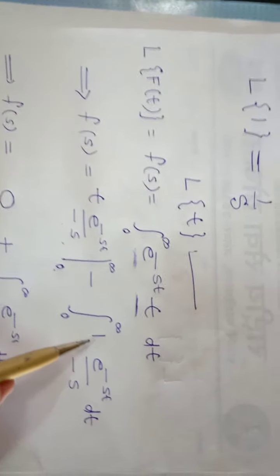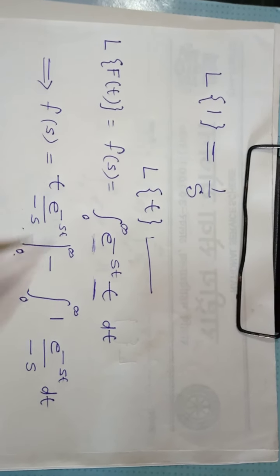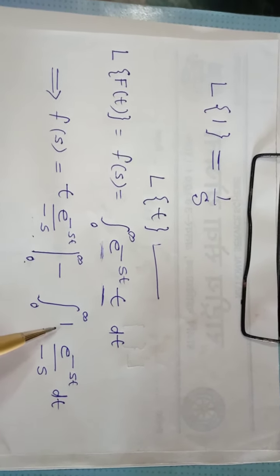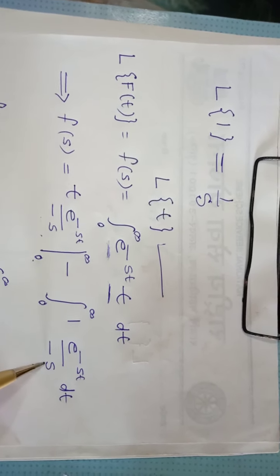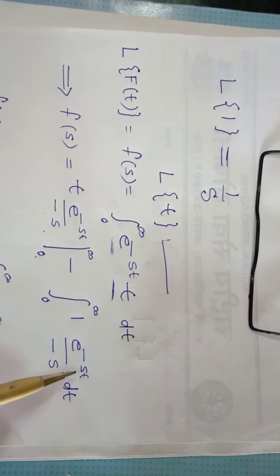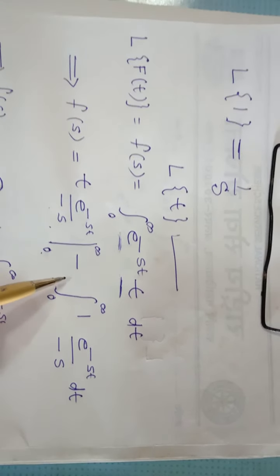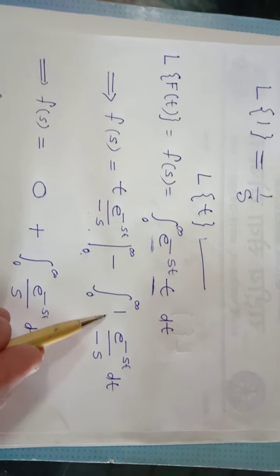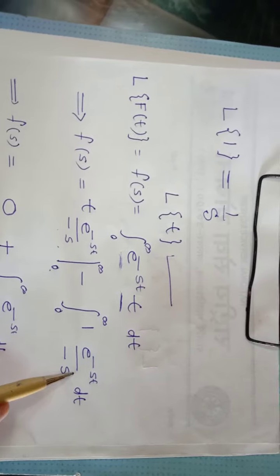Now do the differential of the first function. The first function was t. The differential of t with respect to t will be 1, times e raised to power minus st upon minus s, which is the integration of the second function, and dt. So here this is a negative sign, 0 to infinite: the differential of the first function and the integration of the second function.